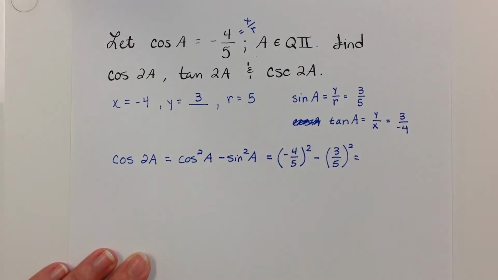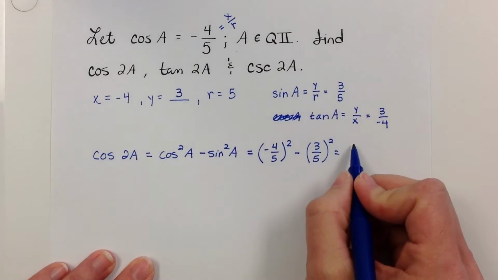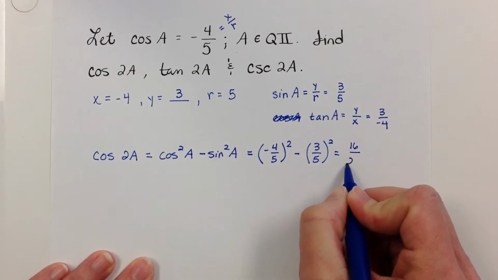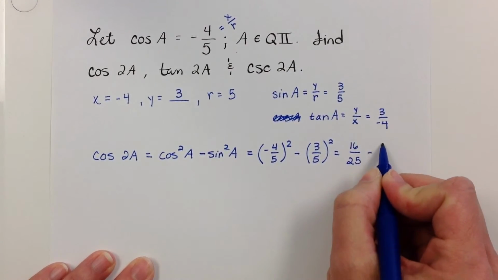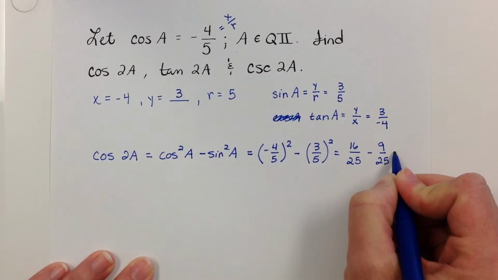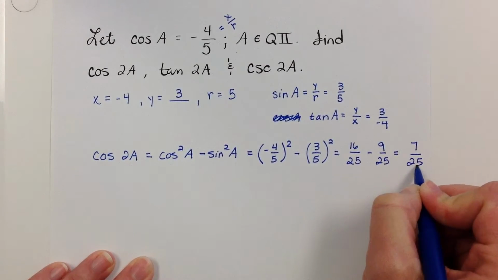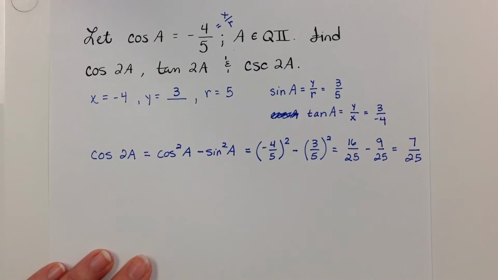Now just basic math at this point. Square each of those fractions, so we're going to have 16 over 25 minus 9 over 25. Of course 16 minus 9 is going to give us 7, so 7 over 25 is the value that we're looking for.